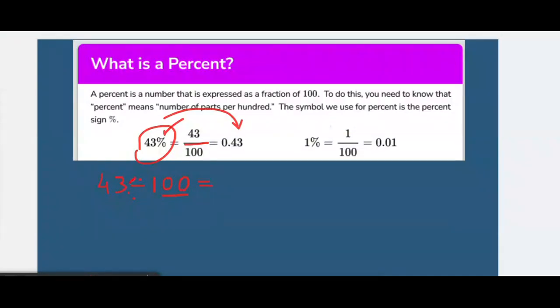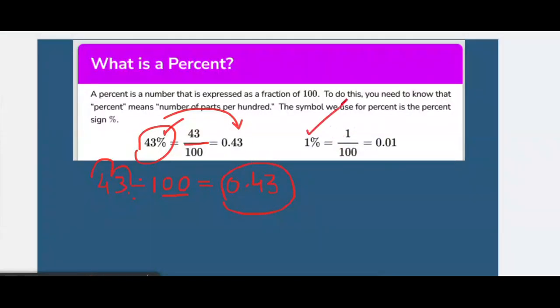So we can shift this decimal two places to the left hand side, one and two places. So our answer will be 0.43. The decimal was here, so one place and two places. So I shift the decimal to the left hand side two places. Our answer will be 0.43.